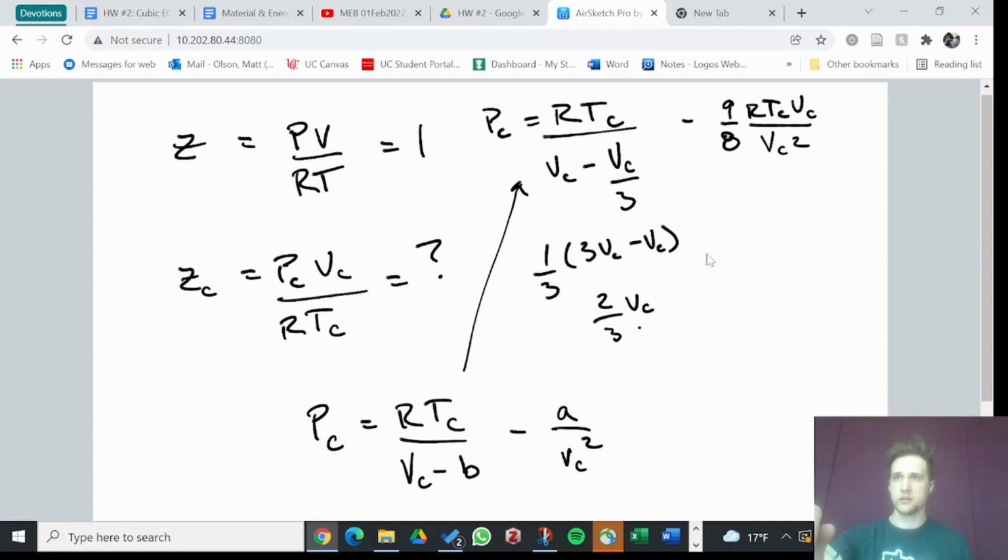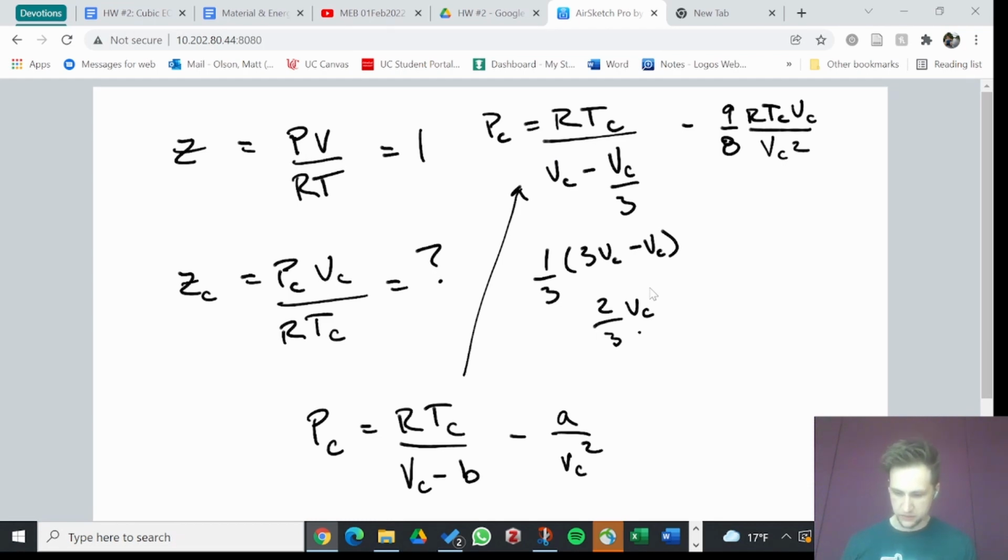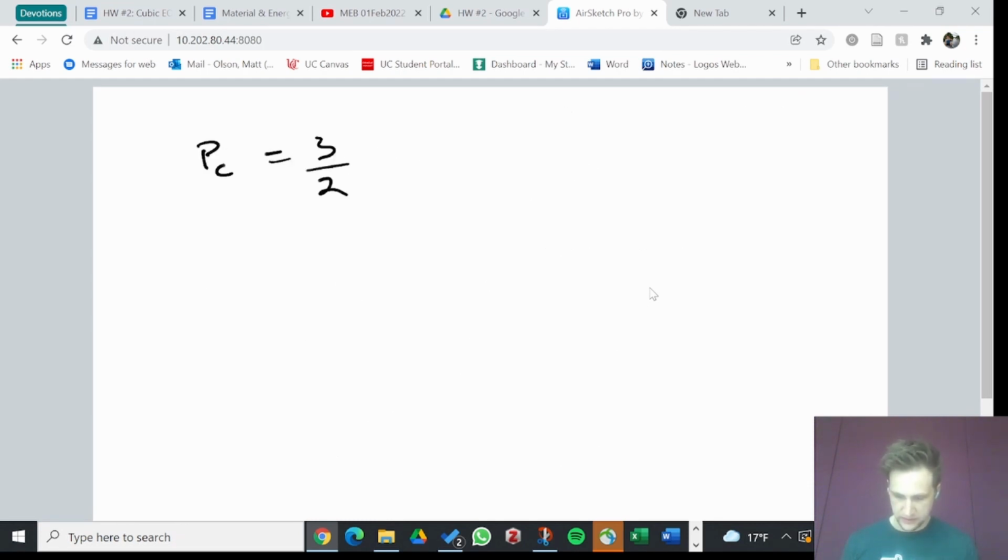And this is starting to get a little bit messy, so let's go ahead and bring this to the next page. Well, let's just real quick solve. The denominator is going to be 2/3 VC, so when we bring that to the numerator, we just flip the denominator, multiplying the bottom and the top by 3/2, and so now we've got RTC divided by VC.